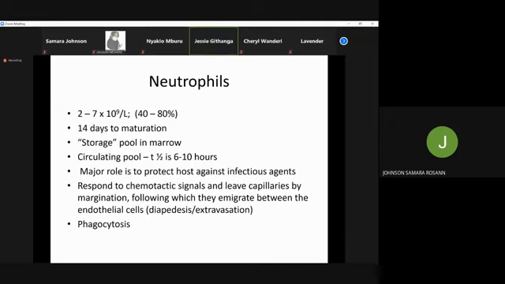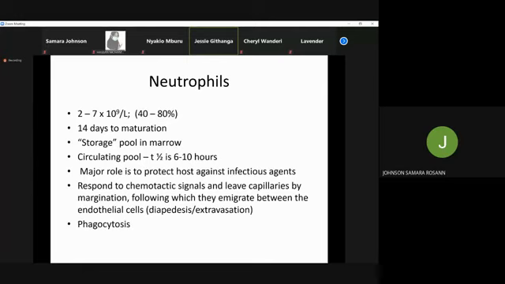And in circulation, the neutrophils have a short life span. They circulate for a short time and then they're removed in order to maintain the normal neutrophil count.